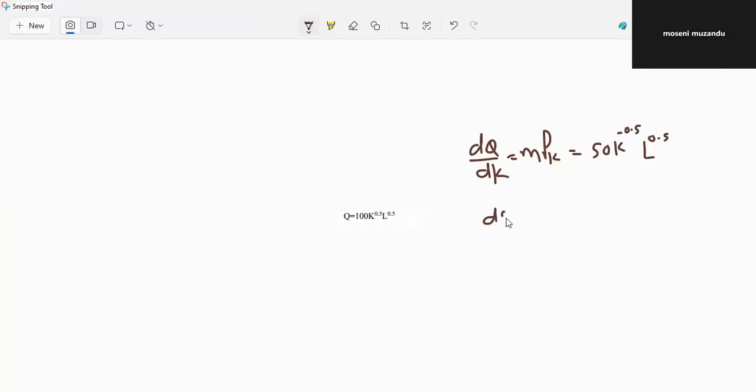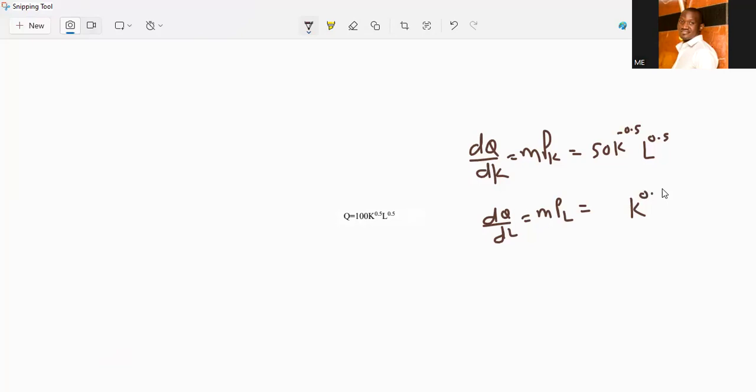Yes. Then you differentiate dQ dL. This is the marginal product of what? Labor. So what is our dummy? K to the power 0.5. K^0.5 is our dummy. What are you differentiating? 100L^0.5.